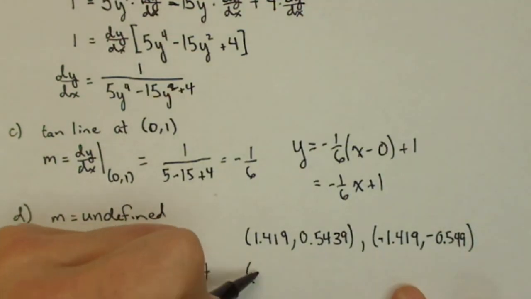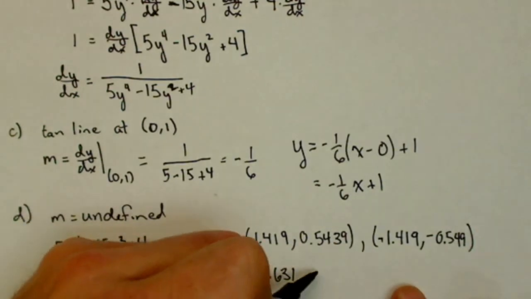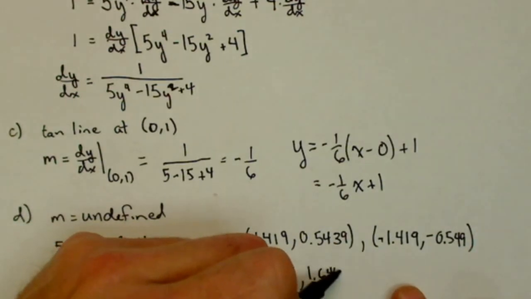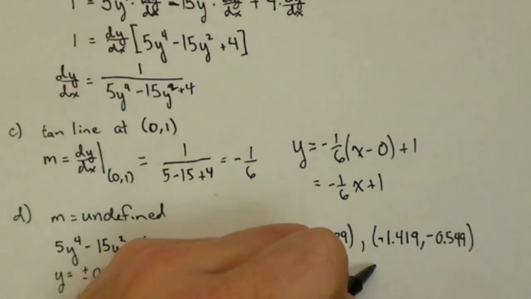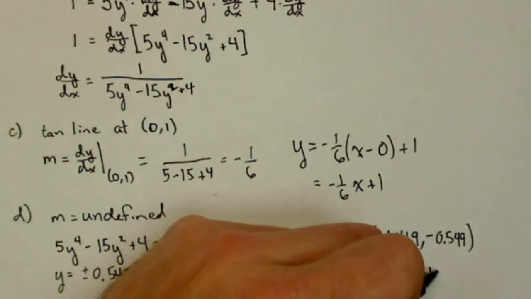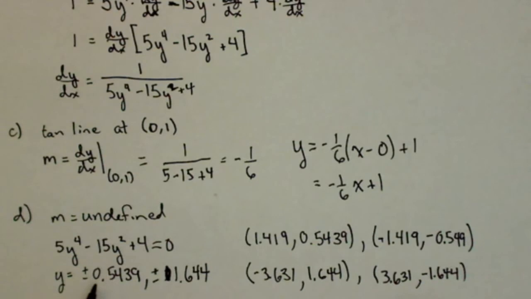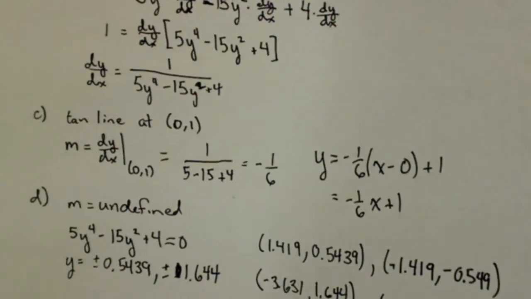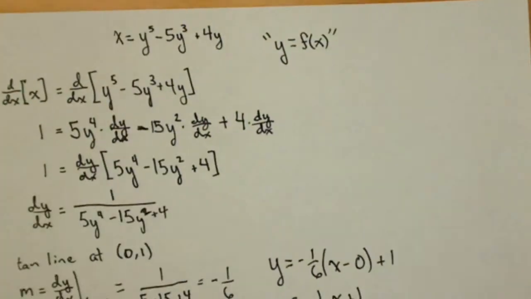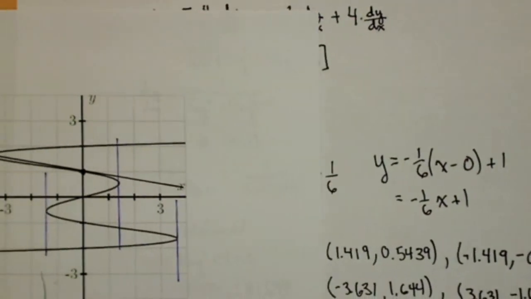Another one at (negative 3.631, 1.644). And finally, the last one's going to be at (3.631, negative 1.644). Again, this is just a matter of taking this equation, plugging it into a graphing calculator or a computer algebra system, finding the zeros, and plugging the values you found into the original function. Now let's see how those match up with what we have on our graph.